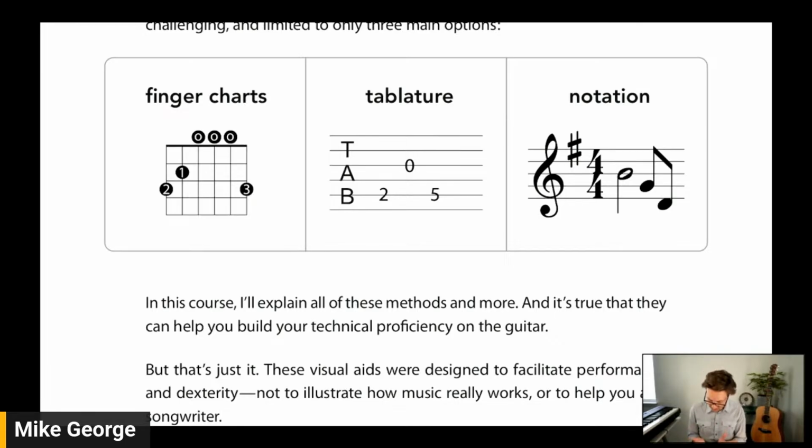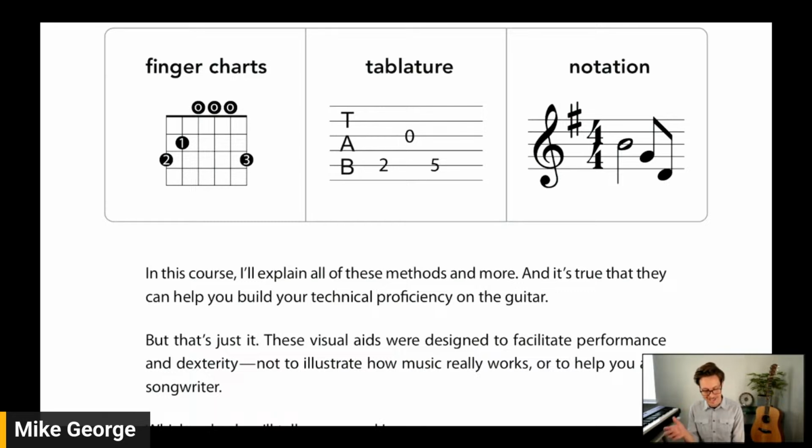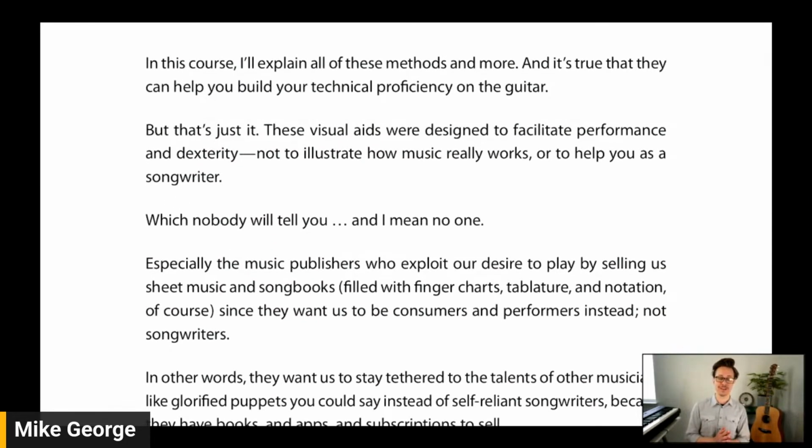But that's just it. These visual aids were designed to facilitate performance and dexterity, not to illustrate how music really works or to help you as a songwriter, which nobody will tell you, and I mean no one.